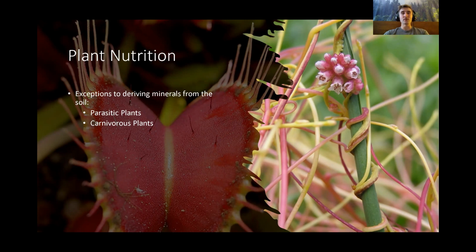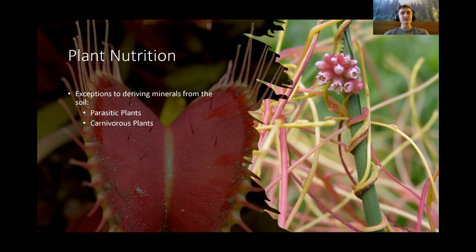The image on the right-hand side shows a parasitic plant. If you look closely on the stalk of the grass, you can see tiny little structures on this parasitic plant that are hijacking the plant cells. So those are hooking into the plants.